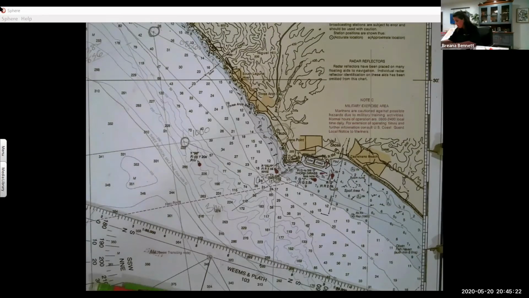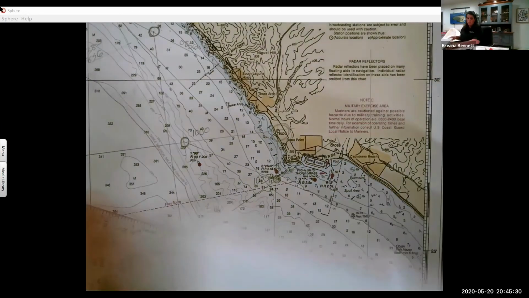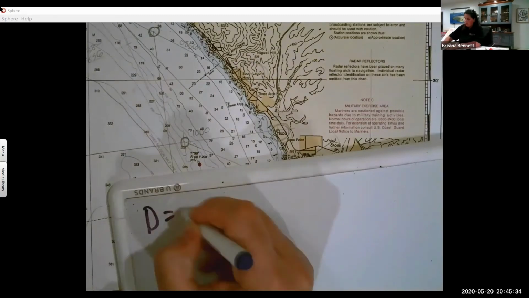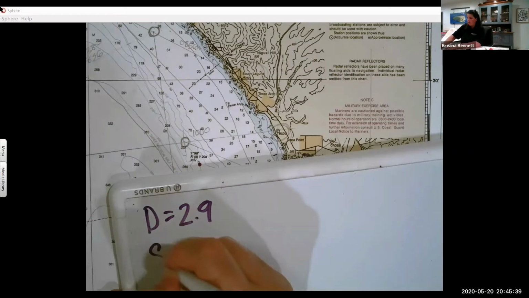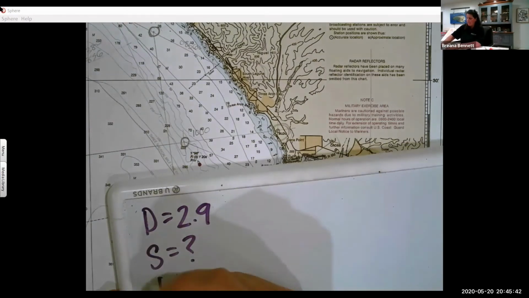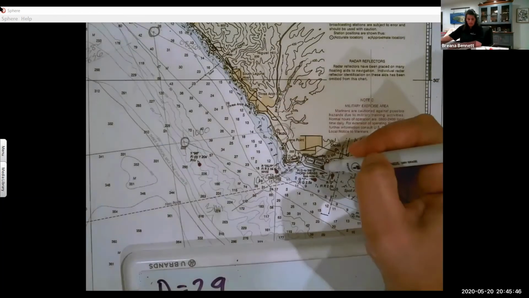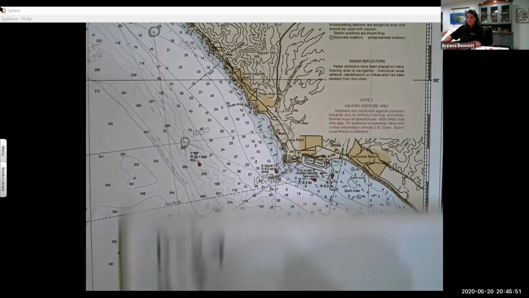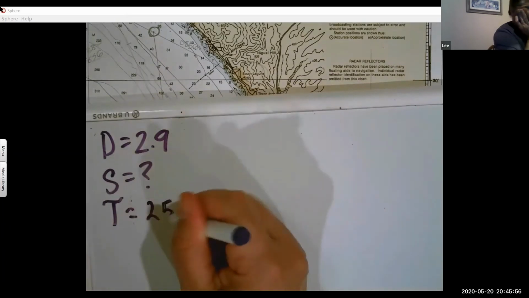Almost 3. We'll call that 2.9. I'm looking for what my speed over ground was. So what was my time? This was 10, and this was 10:25. So I have 25 minutes.